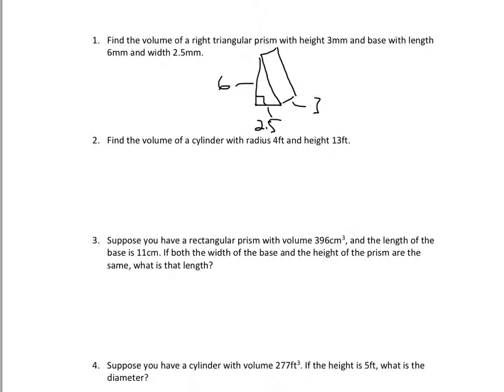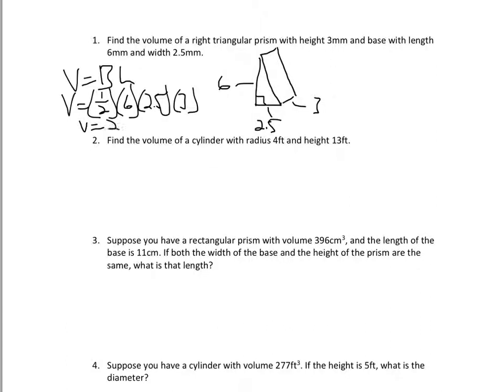We need to find the area of the base and the height. We know the height is 3. The area of the base is 1/2 length times width. So 1/2 times 6 times 2.5 times 3 is going to give us our volume. Plug that in your calculator, and you get 22.5 cubic millimeters.